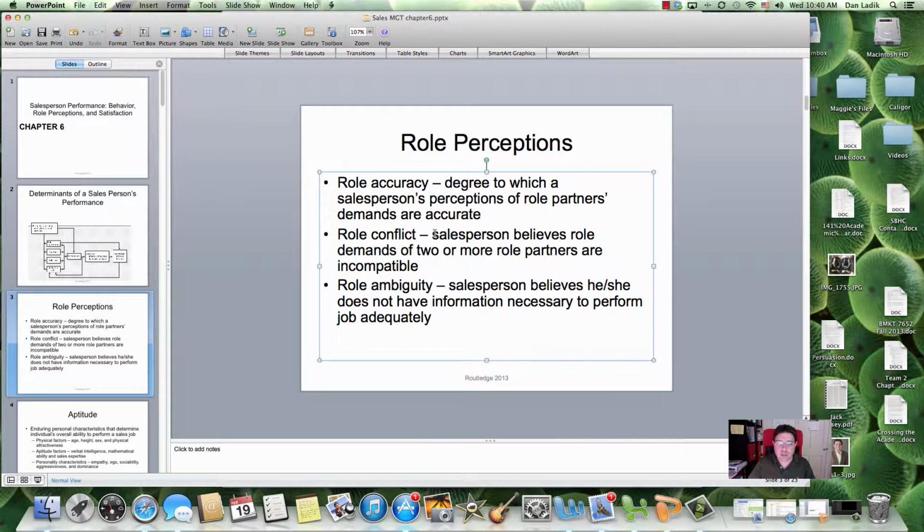So it's almost like it's over-defined, or there's too much responsibility for this one particular role, it's how it's defined. Role ambiguity is when there's little definition. There isn't enough information to perform well. And you're kind of, well, what do I do? I'm unsure what to do given the situation.